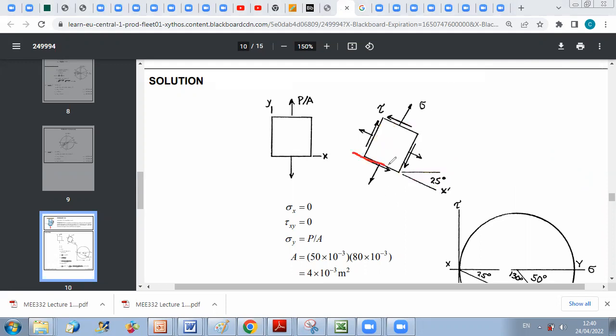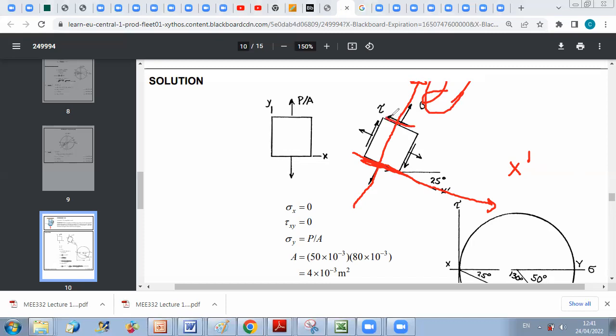If I call this x, this is x prime, and this is y prime. You were interested in the state of stress for this face, this one. So we want to get sigma y prime and tau x prime y prime.